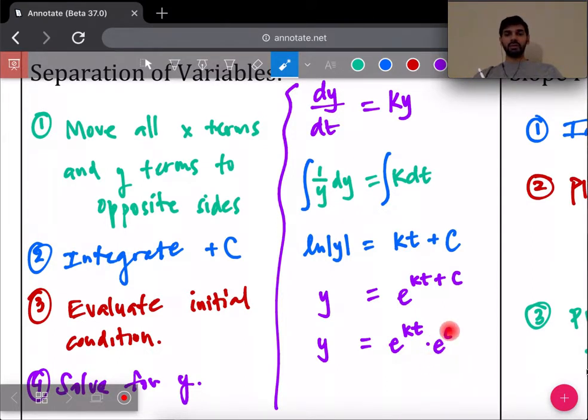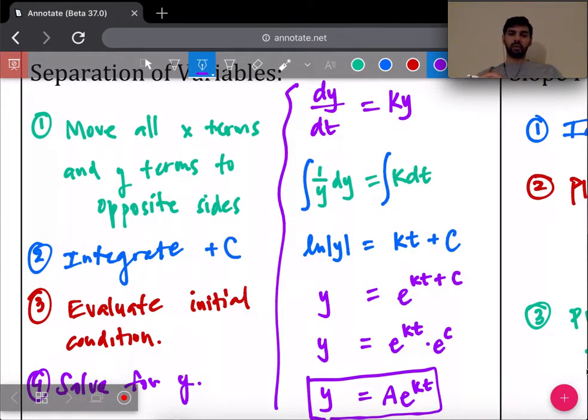So I could just leave this as y equals, and I'll introduce a new letter, a, to represent that constant instead of e to the c: a times e to the kt. And this is the most simplified version of this solution.